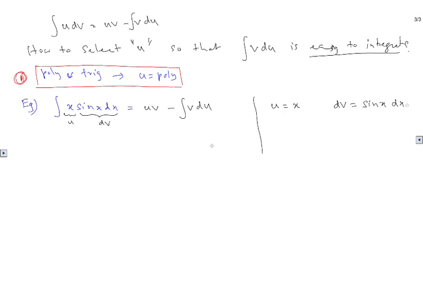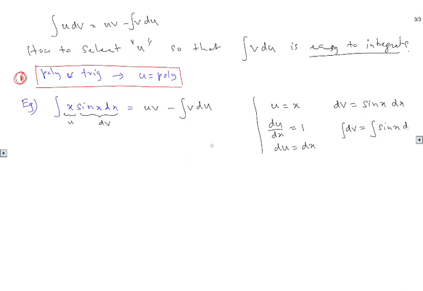And after we write these two, we take the derivative of the first one. So du over dx equals 1. If you cross multiply, you can write this as du equals dx. So we take the derivative of the first one, and the integral of the second one.